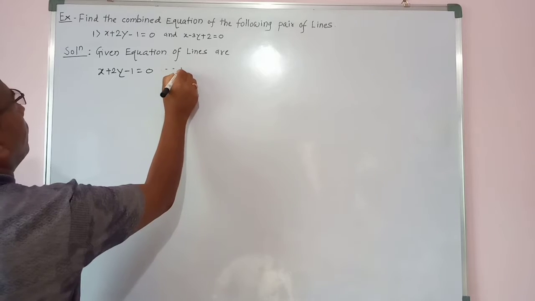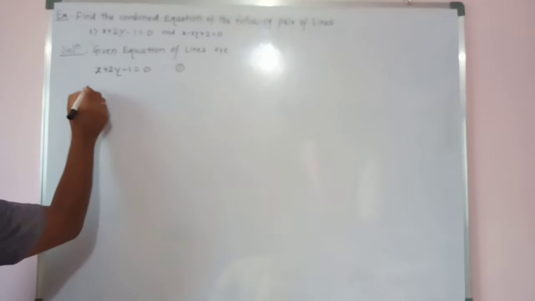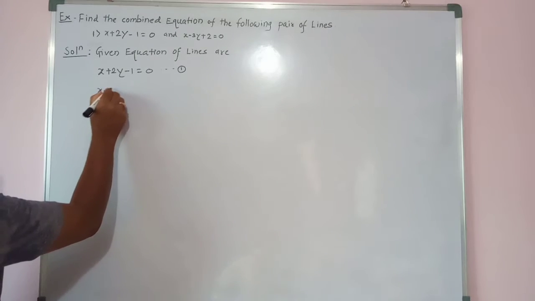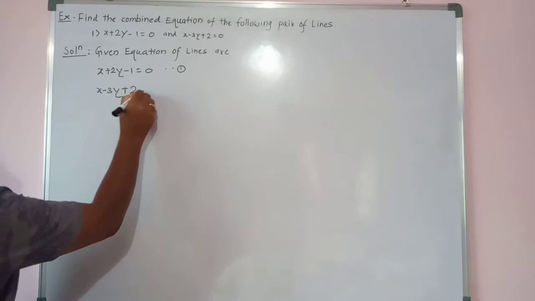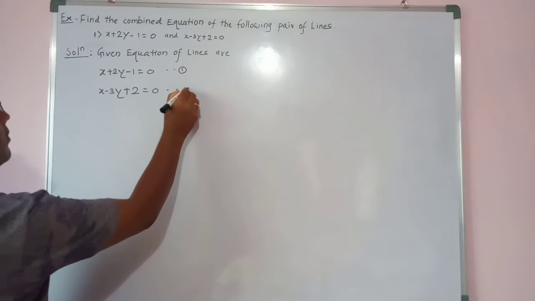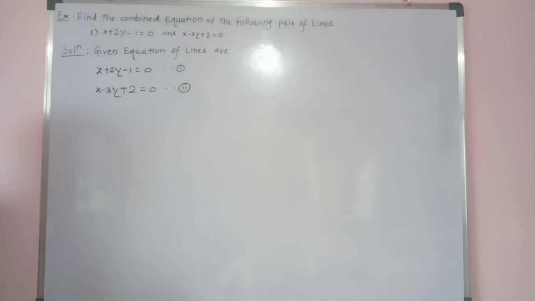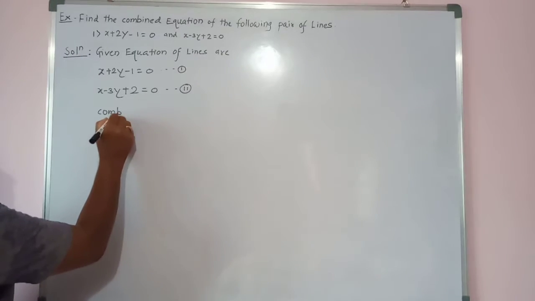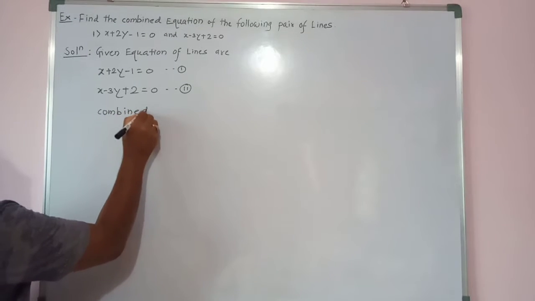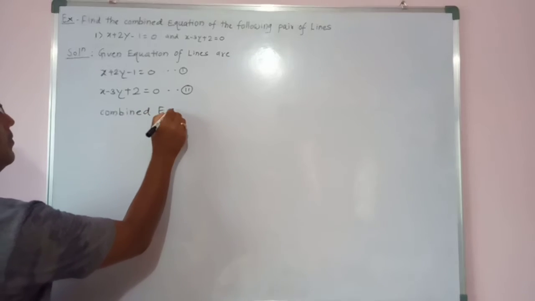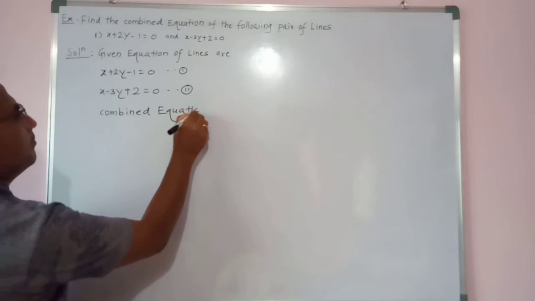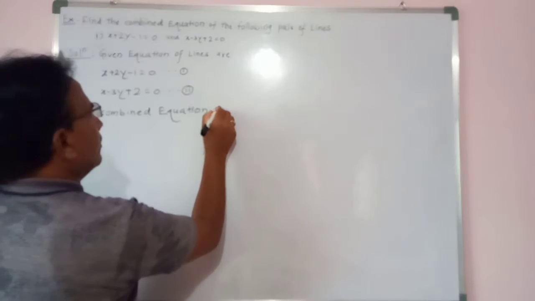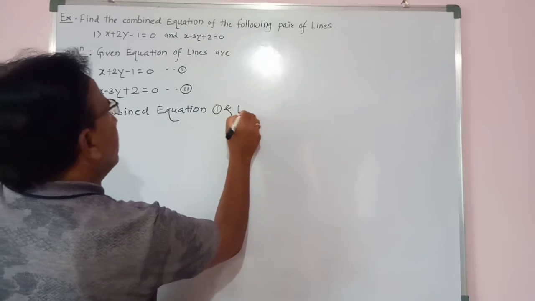This is the equation first, and x minus 3y plus 2 equal to 0. This is the equation second. Combined equation: first and second.